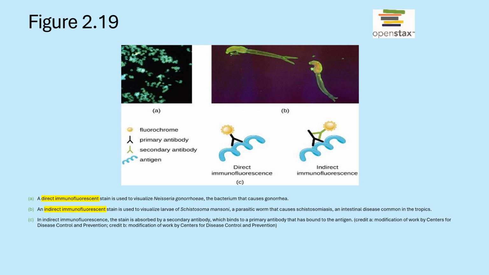Indirect is where instead of putting the fluorescent dye on the antibody itself, this black structure, the one that looks like the upside down Y, you put the fluorescent dye on something that's going to bind to the first antibody. It's actually a second antibody. So it's called indirect because you're not putting the fluorescent dye on the black one, you're putting it on the green one, which then binds to the black one.